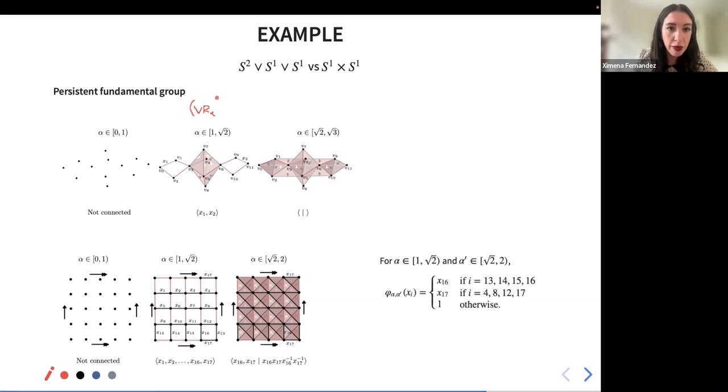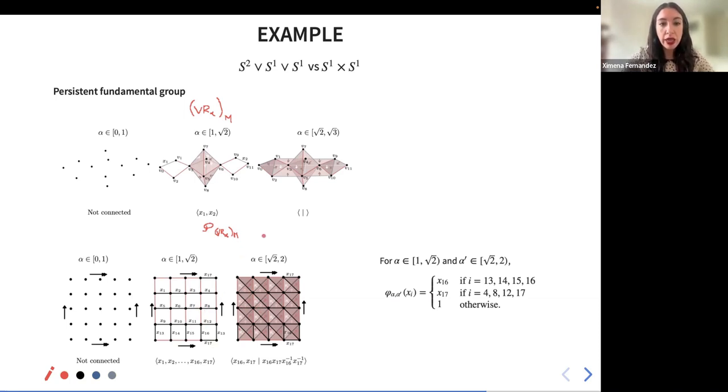I don't know if you can see, but there are some arrows that represent the Morse function, or the cyclic matching, that I have used to compute the simplification of the Morse complex associated to this Vietoris-Rips complex. Here I compute the presentation associated to the Vietoris-Rips complex for these values of alpha, simplified using this cyclic matching. This is what happened for these values of alpha, and the same for these values of alpha for these complexes.